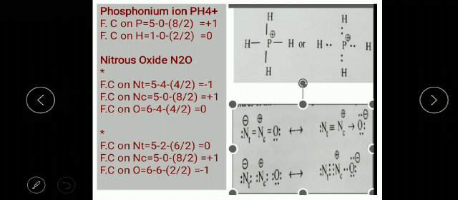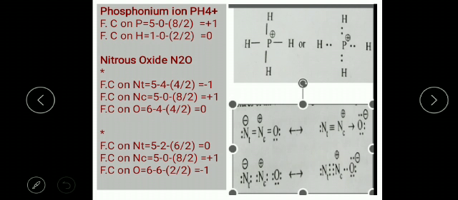Next is the formal charge on oxygen: 6 because valency is 6, minus 6 because these are 6 lone pair electrons, minus this bond pair divided by 2, so it creates minus 1 charge. So as we see in the condition, the formal charge should be 0.